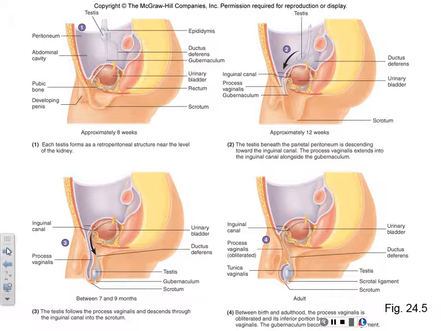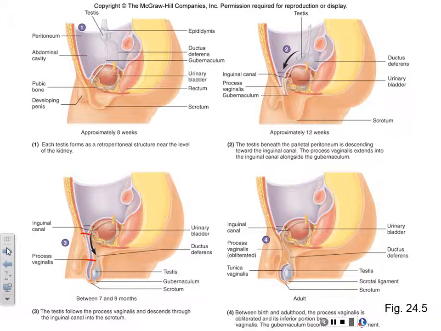And this part here degenerates, so that you have the abdominopelvic cavity intact here. It cuts off, and a little bit of the gubernaculum is left here. It just becomes a ligament that was guiding the testes down.